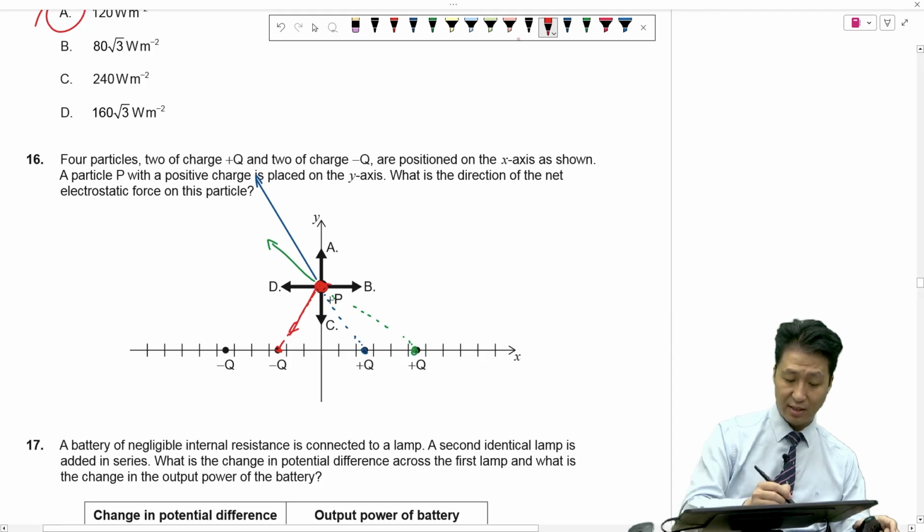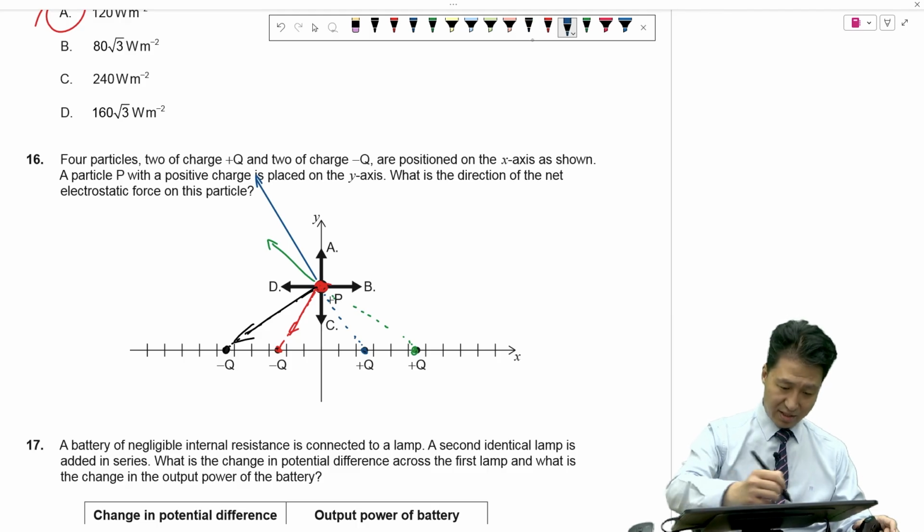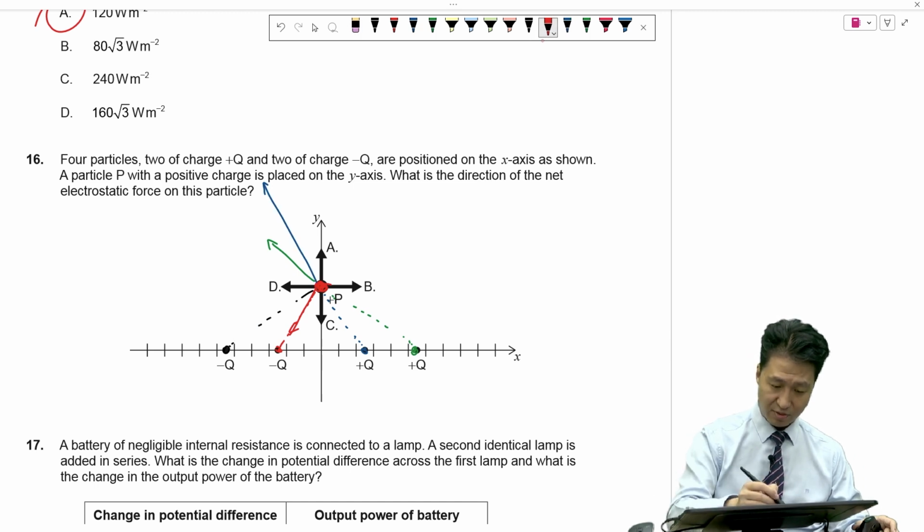And finally, this other negative charge in black, let's do this. Now, I might have messed up the angles just a little bit here. Actually, this should be smaller. This should be bigger. And this is further away, so it's smaller.